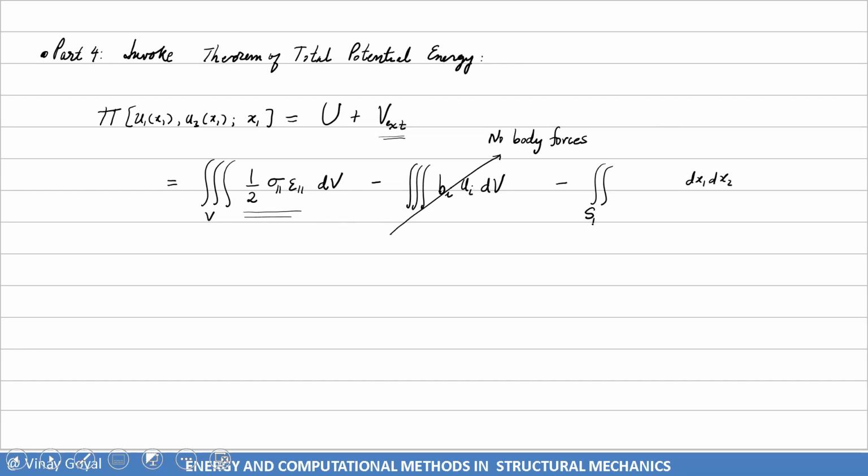And the traction is applied only vertically down, opposite to the coordinate system, so it's minus Q, which can depend along the length of the beam, times big U3. But big U3 is small U3. Depends only on X1.